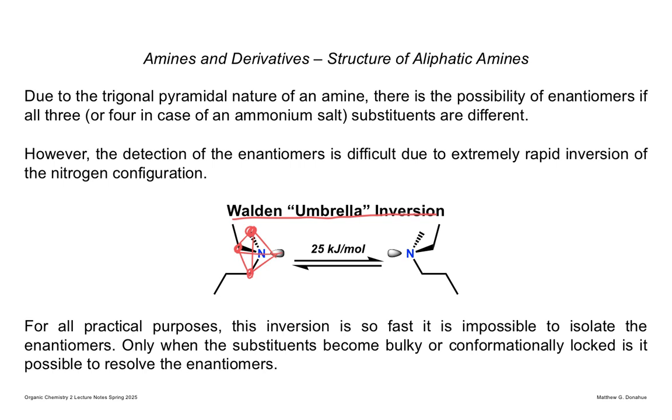And then a gust of wind happens, and then it inverts. And now it's like a cup, collecting the water, and you don't want it to do that. So that's what the nitrogen is doing. The substituents go from one side to the other. It happens really fast at room temperature, so you don't really see that they're enantiomeric.